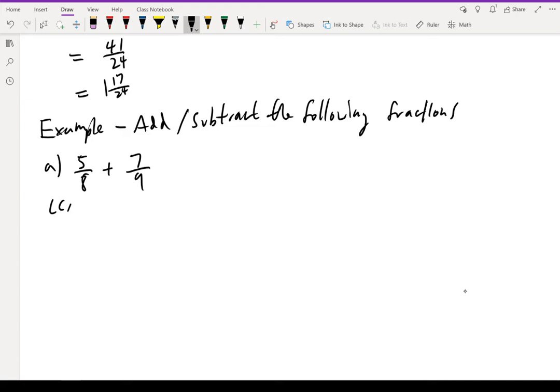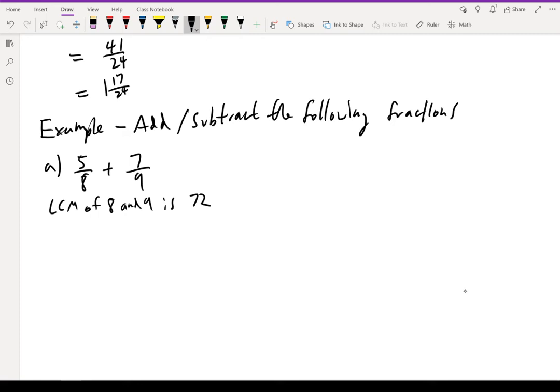We multiply them together, so 8 times 9 is 72. So the LCM is 72. There's no smaller one. Or actually, I think it's 36. Is there a 36? No. Yeah, so 72 is the LCM.